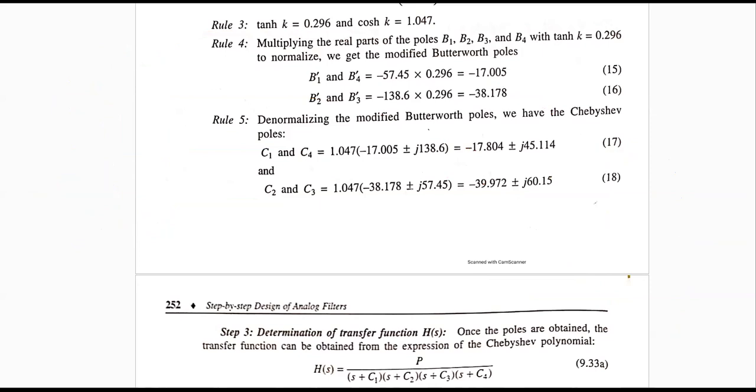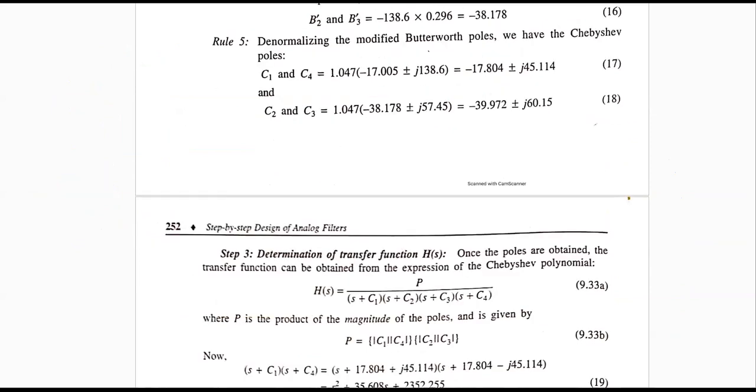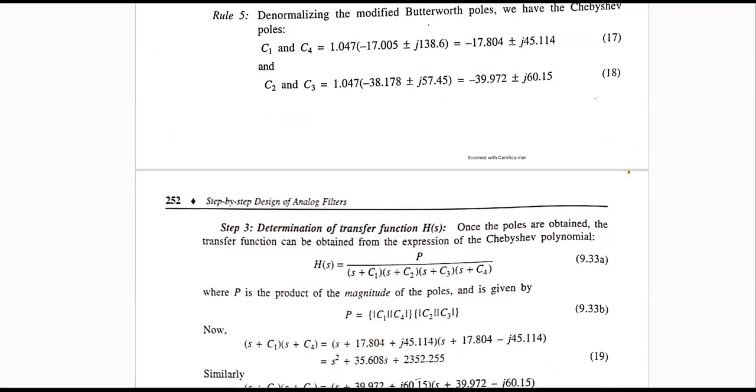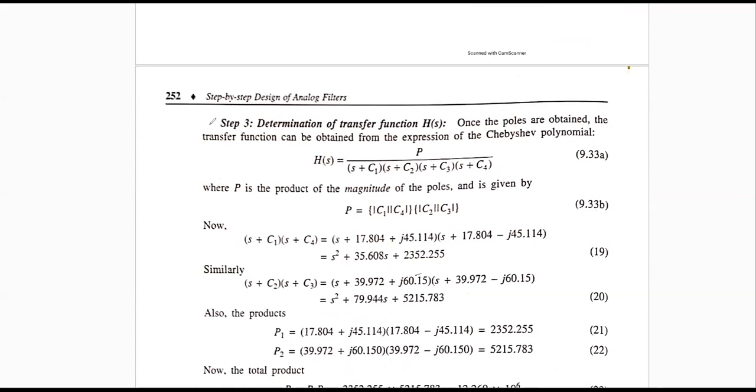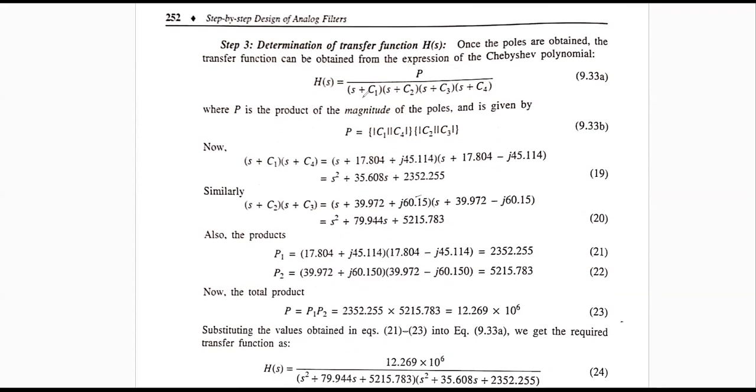Right. Now, this is not the end. We are just finding the pole location. Now, step number 3 is we need to find the transfer function. This is the transfer function. Here P is a new term.